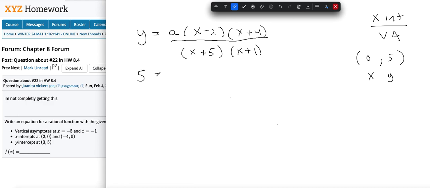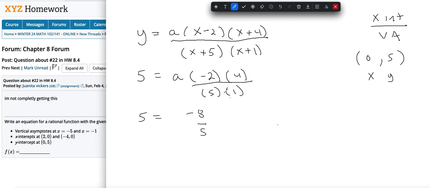We got a 5 for y, and it's nice that x is 0 because that's going to make all those x's drop out. So this will be a -2, a +4, and a 5, and a 1. Cleaning that up top, I'm going to have -8, I'm just going to call it -8/5 times the a, which is in the numerator.